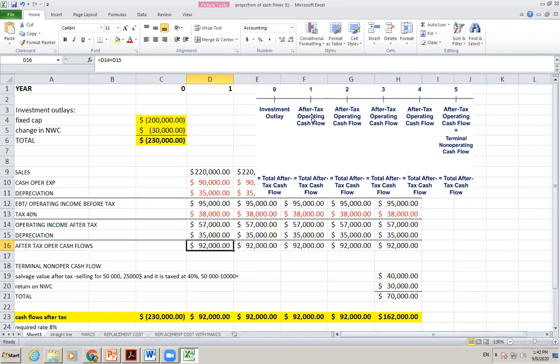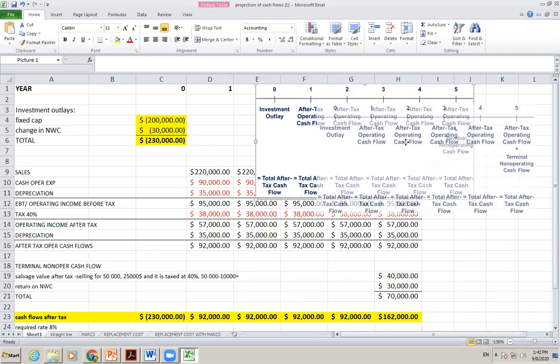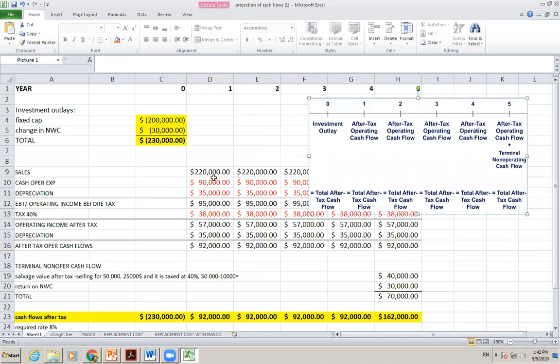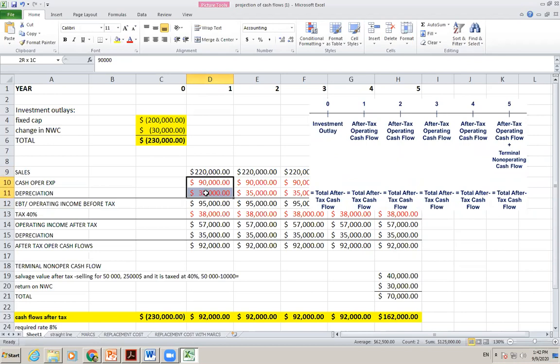How to calculate the after-tax cash flow is just a simple income statement. All revenues minus all expenses, you get earnings before tax, EBT. From here, you subtract these red lines, you get EBT. From here, you subtract the tax, and then you get operating income after tax.